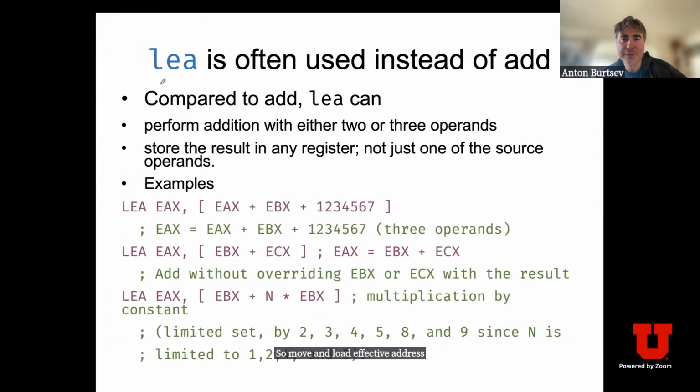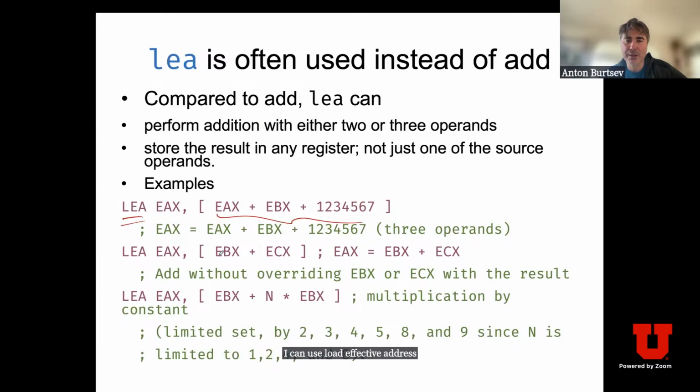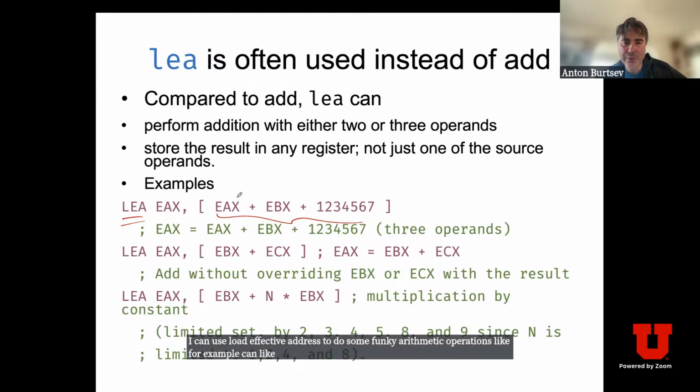Load effective address is often abused by the compiler because the compiler says, okay, by the way, I can use load effective address to do some funky arithmetic operations. For example, I can compute the value of EX plus EBX plus some constant. Essentially it allows you to compute 3 operands.